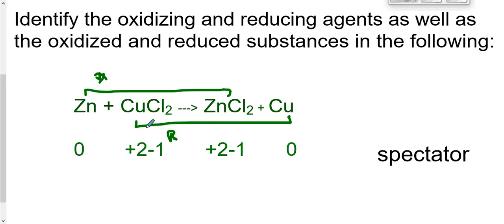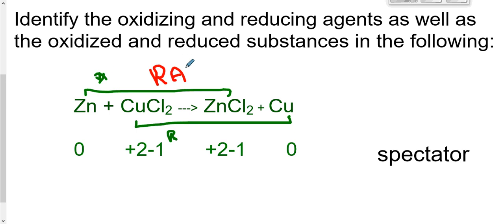If copper was reduced, it's because it gained electrons. Now they didn't just lose or gain them from anywhere. When zinc lost its electrons, it forced them onto the copper and caused the copper to be reduced. Zinc then, because it caused the reduction of another species, is my reducing agent. So the species that was oxidized becomes the reducing agent.